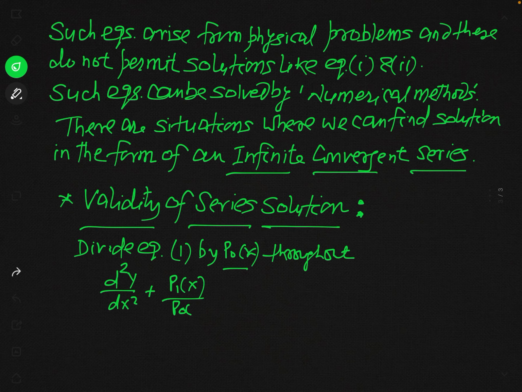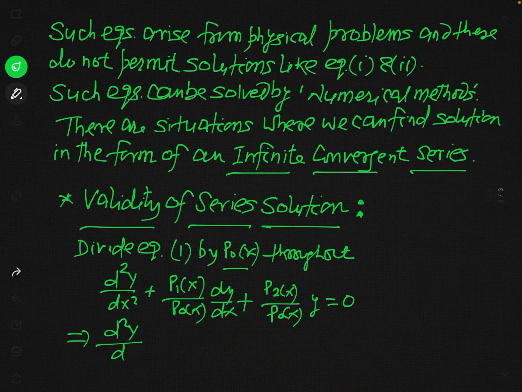The second term will be P1 of x over P0 of x dy by dx, plus the third term will be P2 of x by P0 of x y, and this will be equal to 0. When you divide this 0 by P0 of x, the result will be 0.